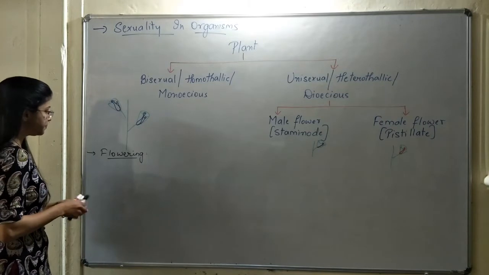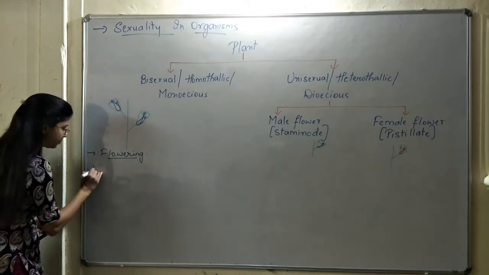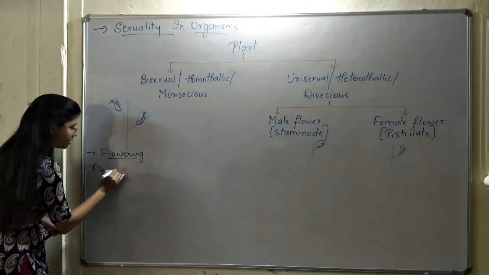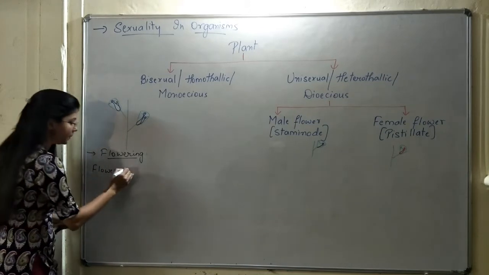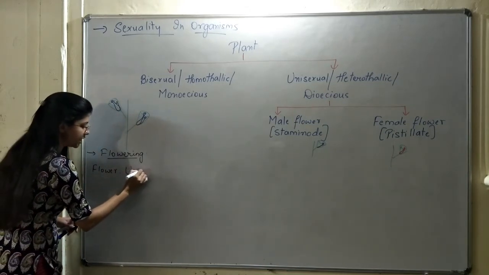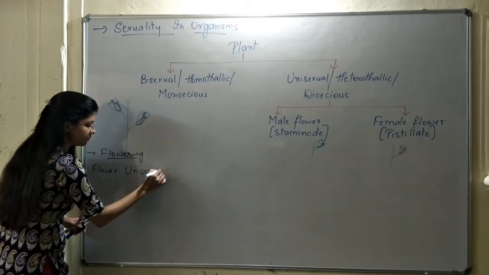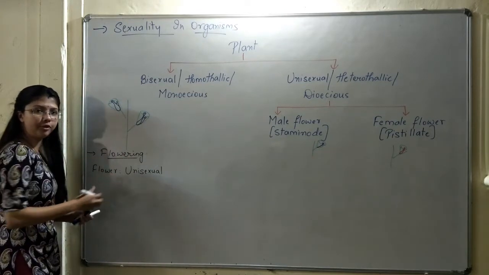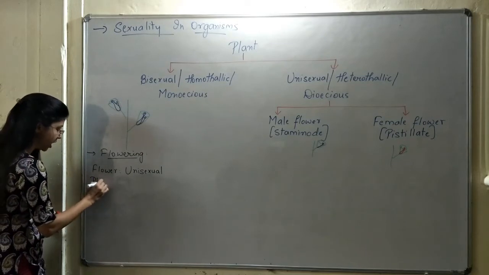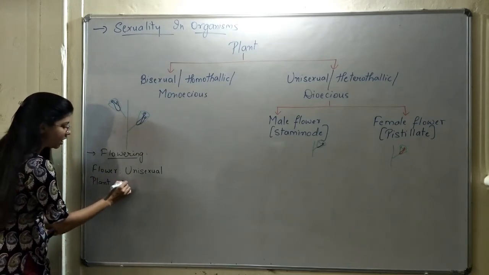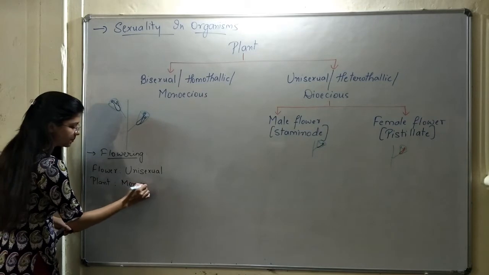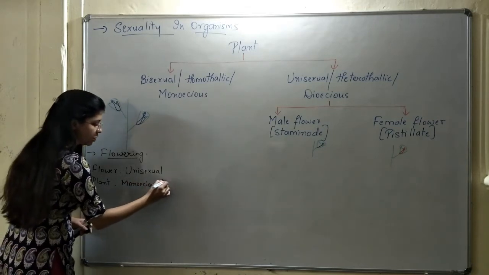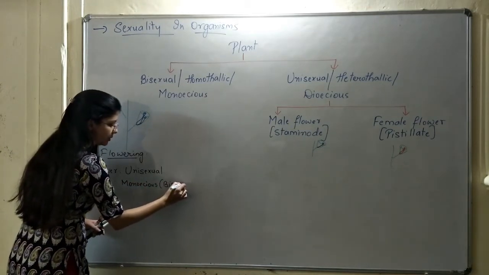For example, a flower can be unisexual. That means it is either going to have male or female flower, but the plant will be monoecious. That is, it will be bisexual.